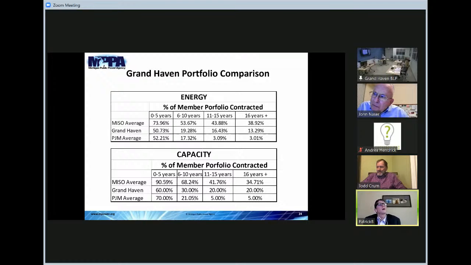So the best strategy, after we've noodled over this endlessly, is to really be diversified and continually rolling into and out of agreements. And so we've designed our portfolio strategy to exactly be able to participate in technology changes as they come, and not be ever too wedded to any one resource or too wedded to any one vintage year.